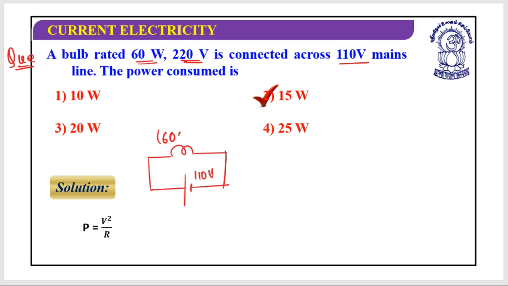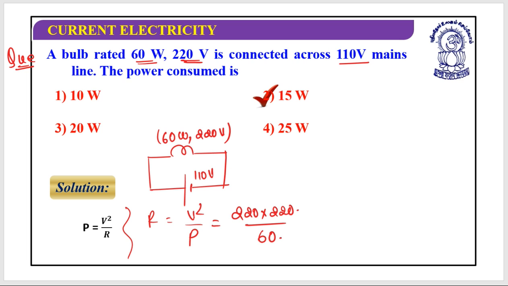This bulb is 60 watt and 220 volt. So first you need to calculate the resistance, which is given as V squared by P. So let's solve this: 220 multiplied by 220 divided by the power, which is 60.